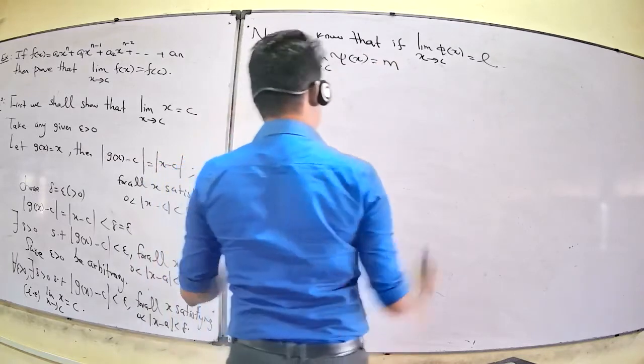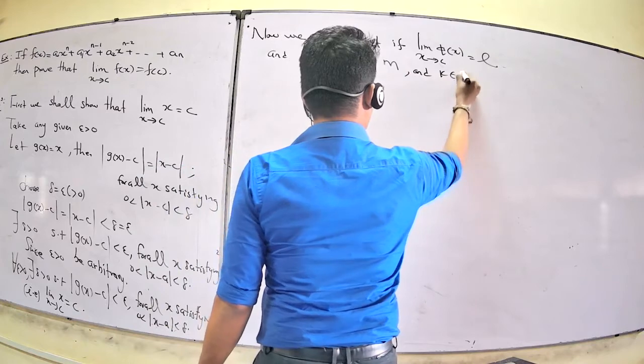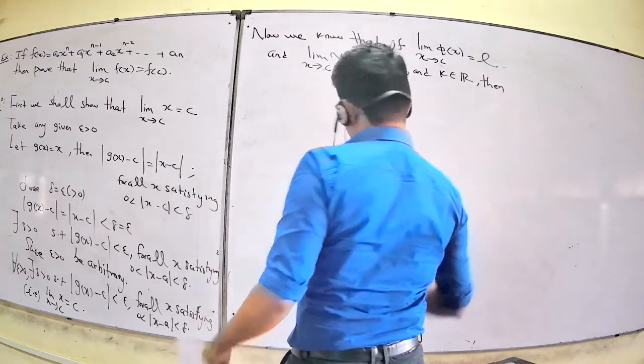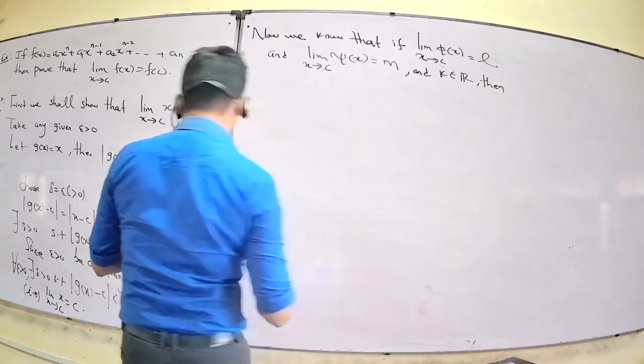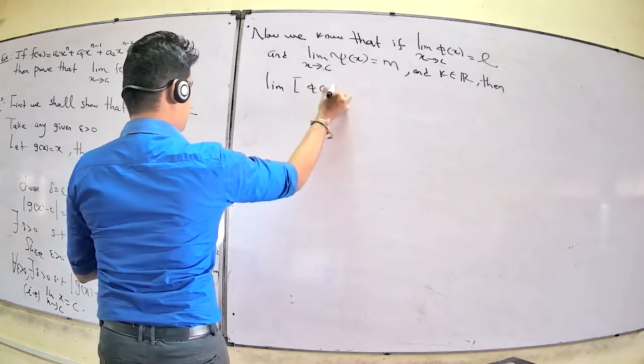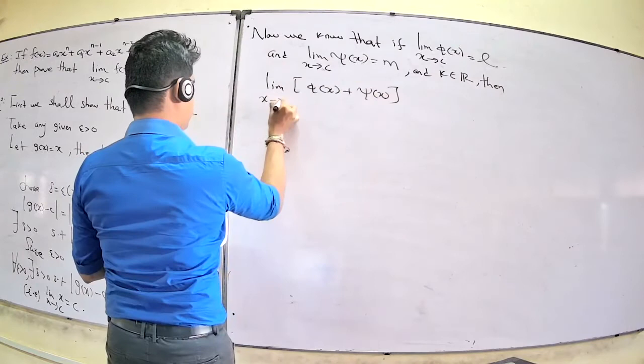And k belongs to the real numbers, another real number k. Then we state something. These are the basic theorems of the limit of phi of x and psi of x, x tends to c.